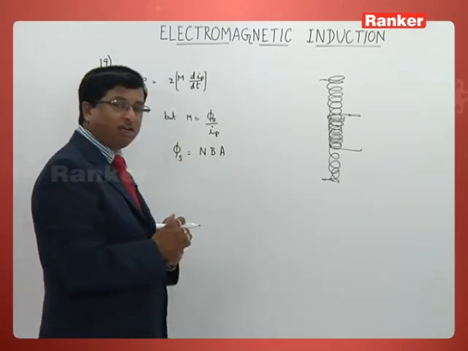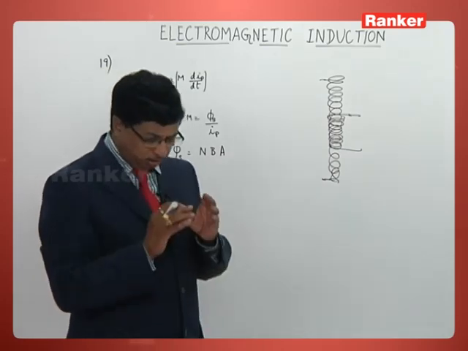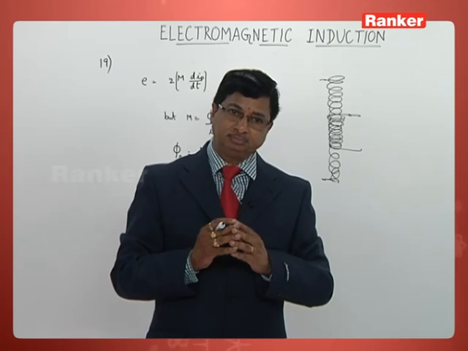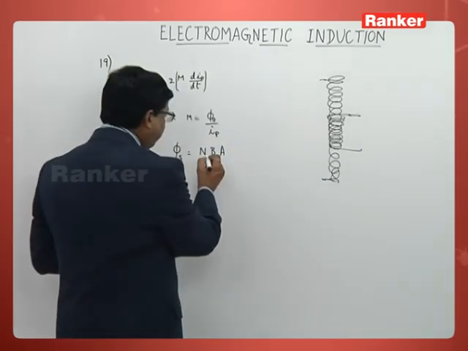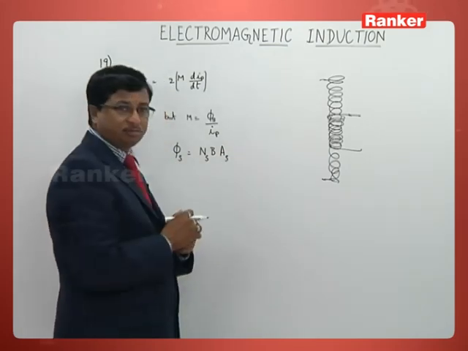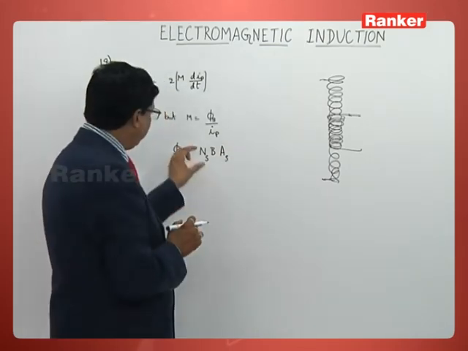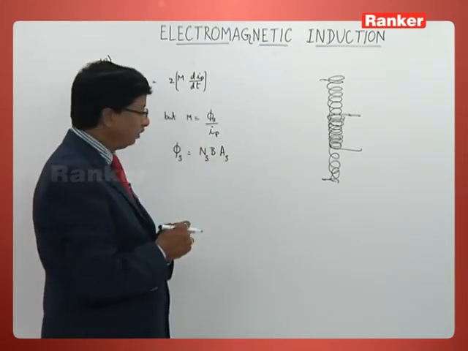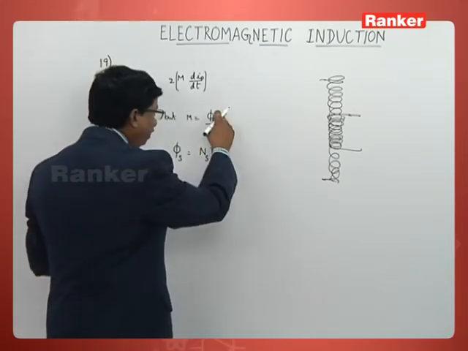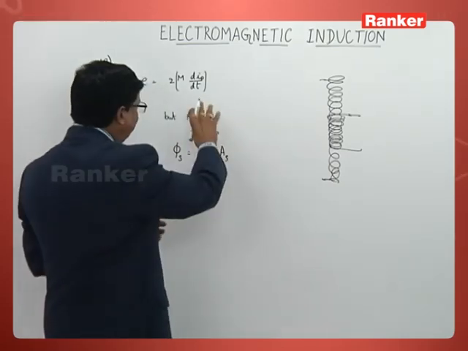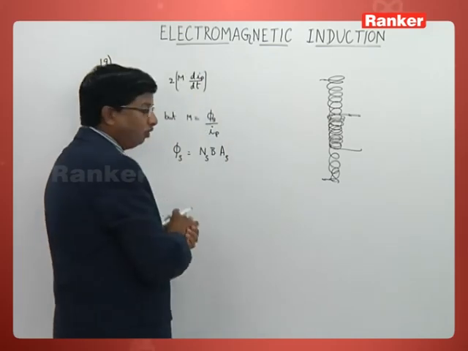What is what out of that one once again? N is the number of secondary turns he has given. A is area of the secondary turns. We can write NBA, that is phi s. So if you write this one here and divide by IP, you will be getting M. That M you can substitute it over here.